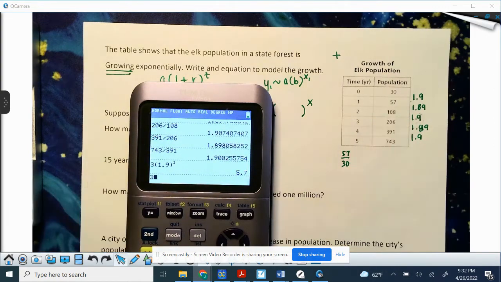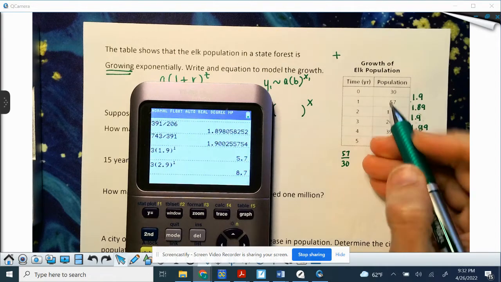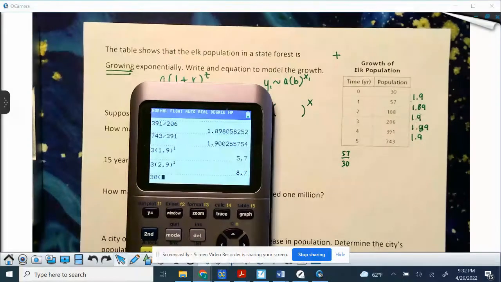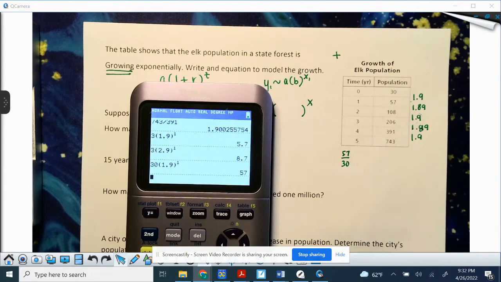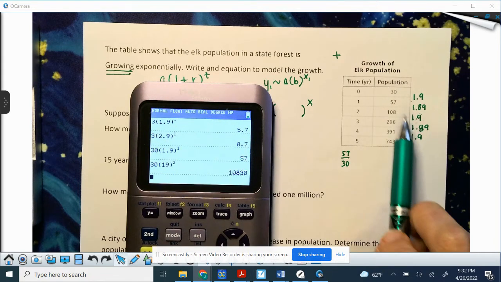So 3 times 2.9 to the 1 is 8.7. So something's still not right, right? So our starting amount, and it's because I have 3. Whoops, 30 times 1.9 raised to the 1 power is 57. Boom. 30 times 1.9 raised to the second power is 108, and then some extras.